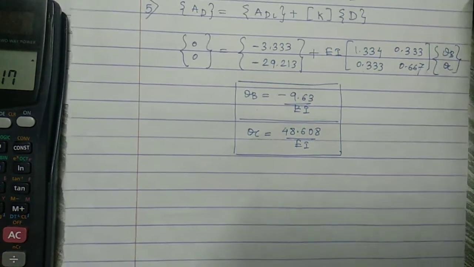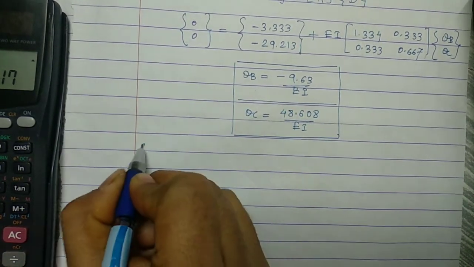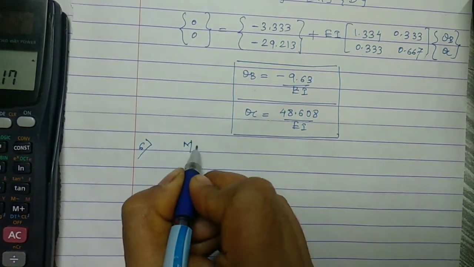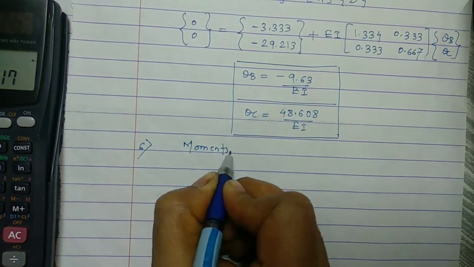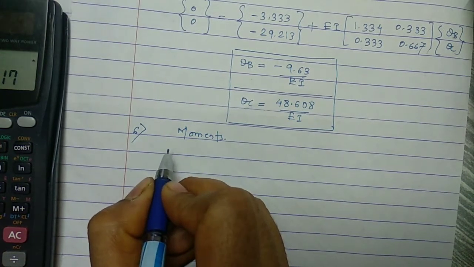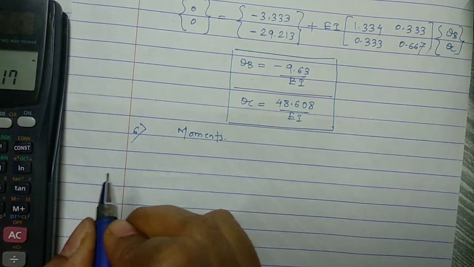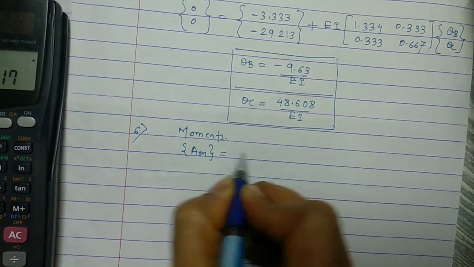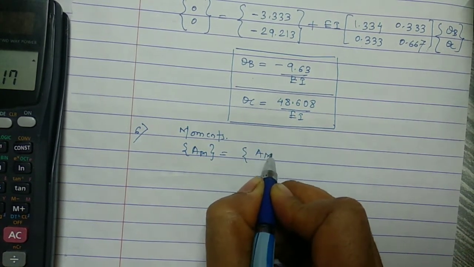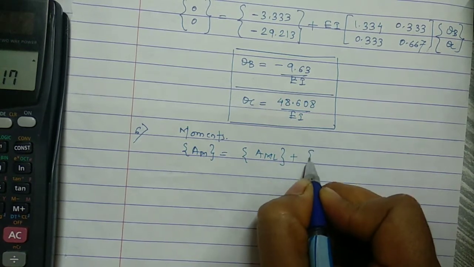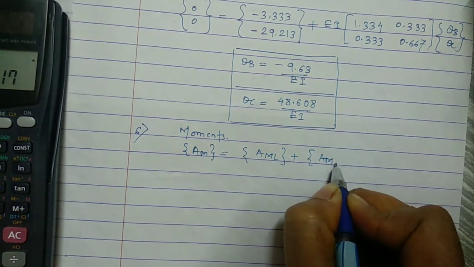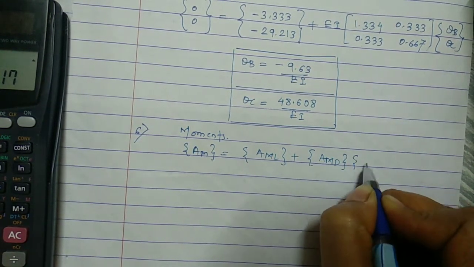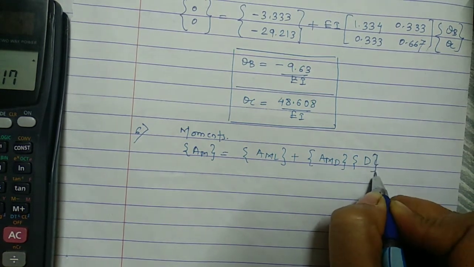Okay, now last, that is to calculate the final end moments. So for that, use the equation AM is equal to AML plus AMD into this D matrix.